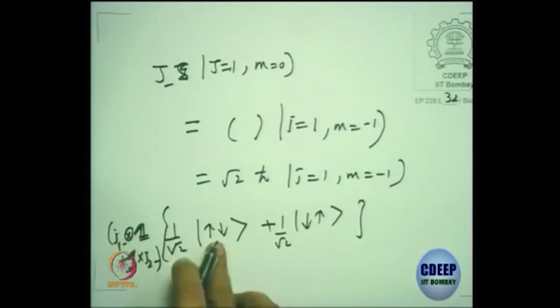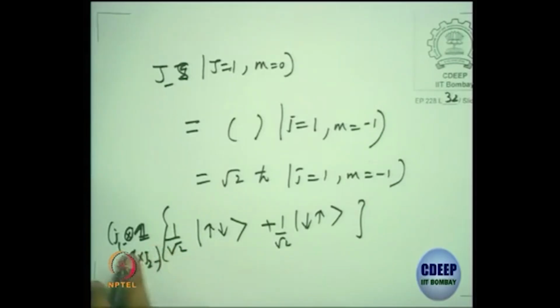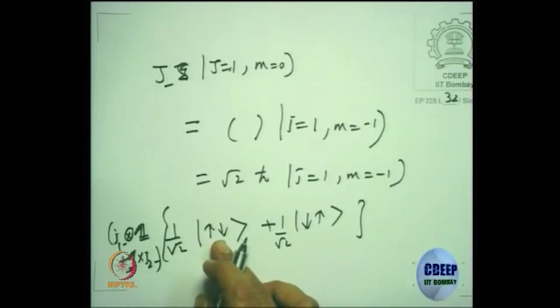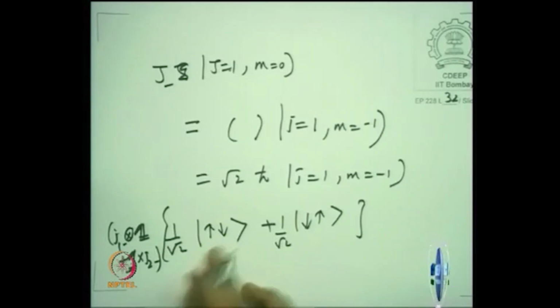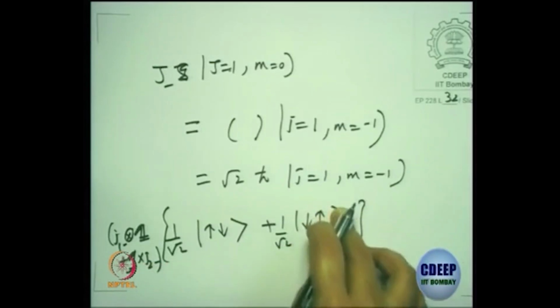If you do a J1 minus on the state, it will make it down. So it will become down state. But if you do a J2 minus on the state, it is 0. Can't go below. But if you do the J2 minus on this state, it will make it down.